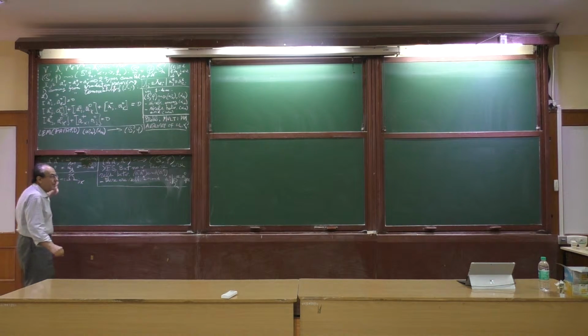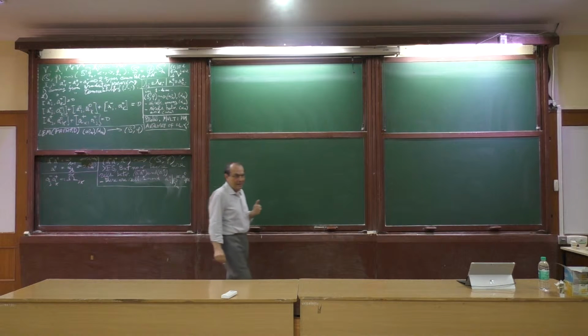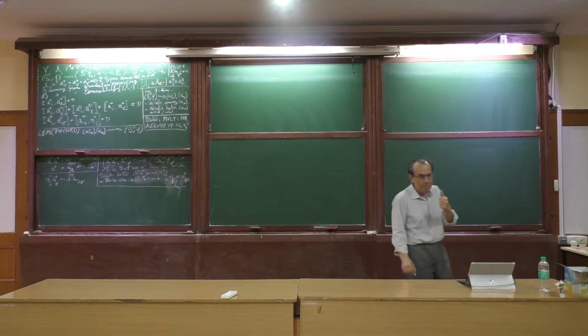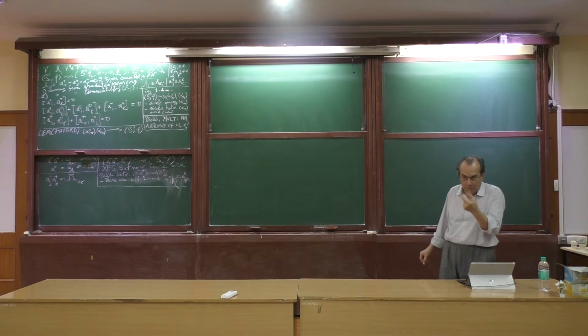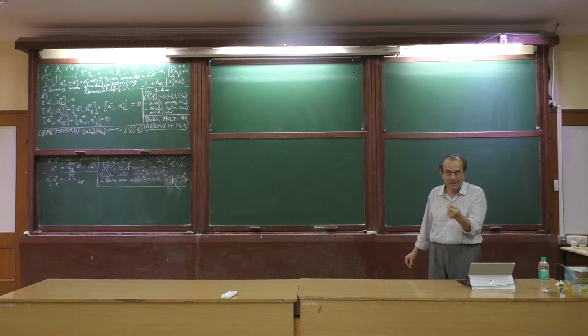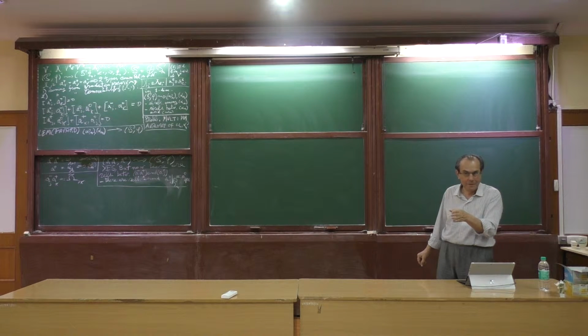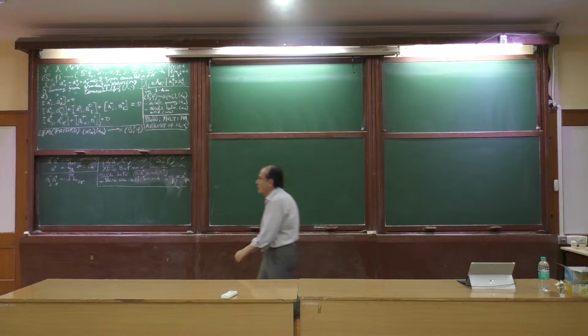Now remember that a plus is degree plus 1, a minus is degree minus 1, so the product is degree 0. It means gradation preserved. So this preserves the gradation.